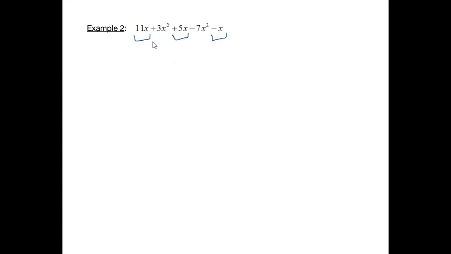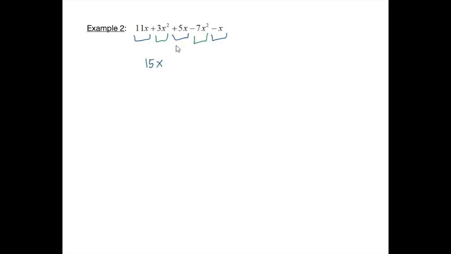And these are like terms because the variable is the same and has the same exponent. Remember, when we combine like terms, we add the coefficients. So when we add the first two like terms here, 11x plus 5x, that gives us 16x. And then we're subtracting 1x from that. So 16x minus 1x leaves us with 15x.